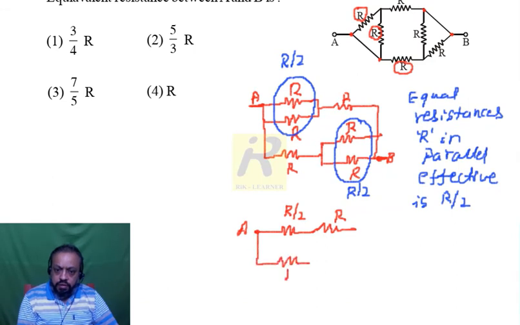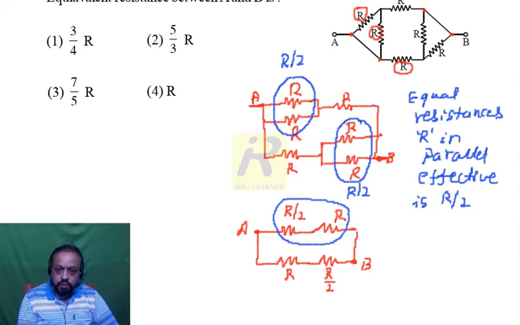The resistor R is still there, but this is R by 2, right? So that one is R divided by 2, and here is point B, and the 2 resistors are now in series.